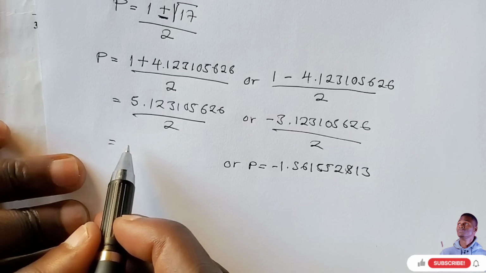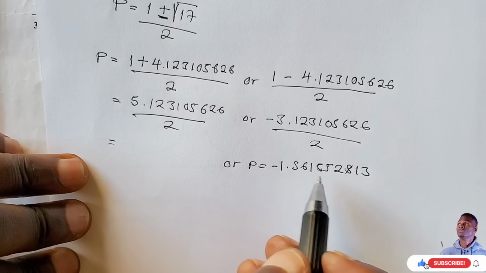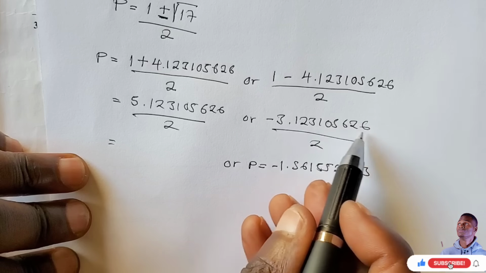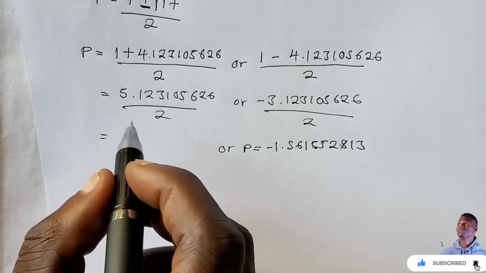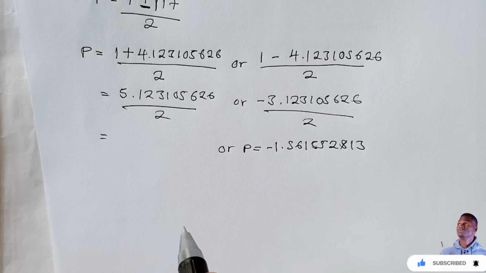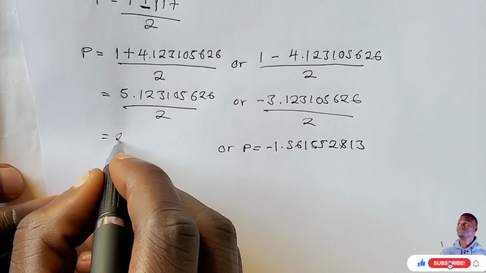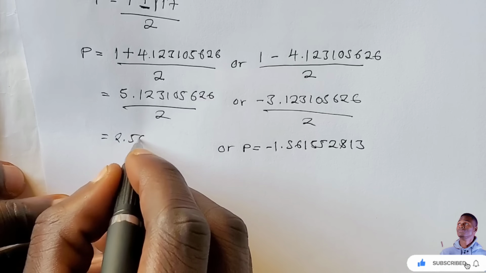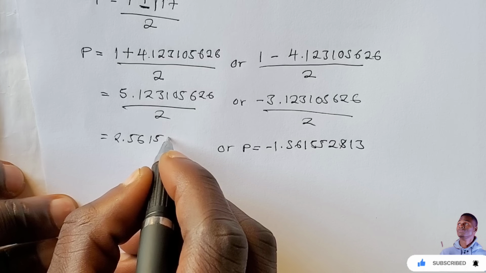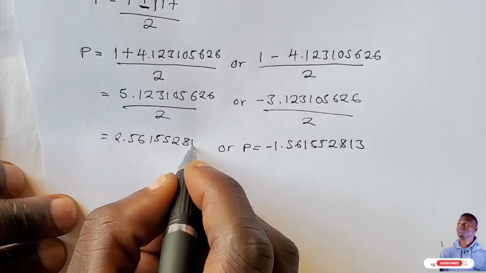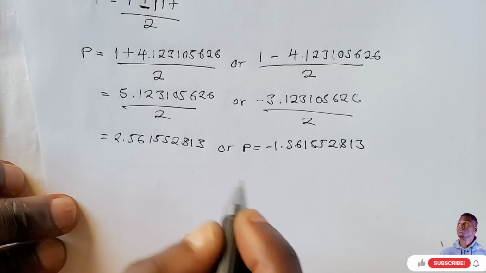Next, come to this one. We started with the other one because this answer was already on the calculator. So what's the answer here? 2.56155282813.